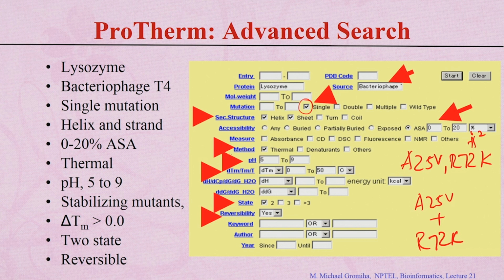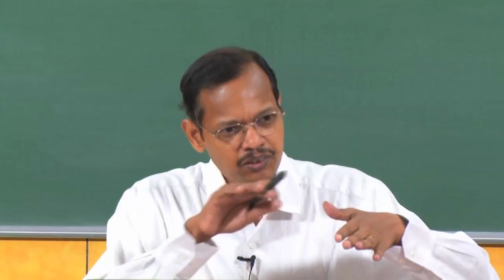Then measure and the method, pH you can define, okay, because neutral pH, so I put 5 to 9. Then the delta Tm or Tm, for example, if you want to identify only the stabilizing mutants, in this case you put delta Tm or delta G H2O or delta G, which you should destabilize, then should be minus values.